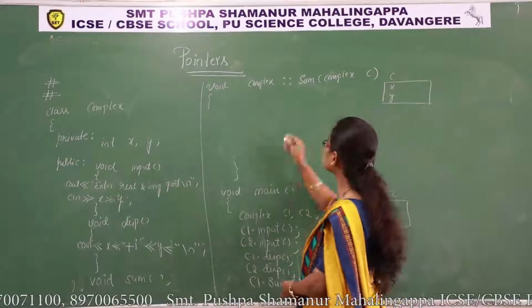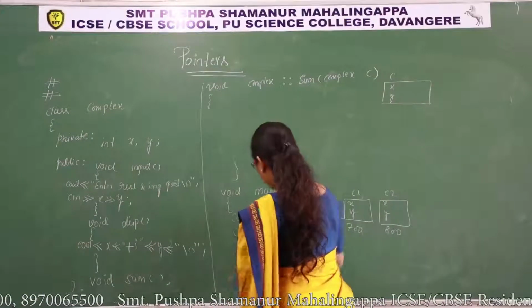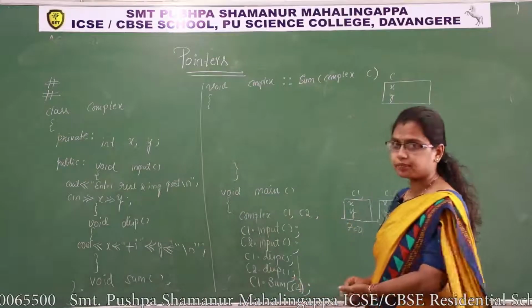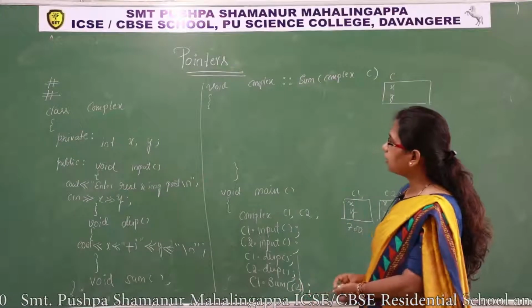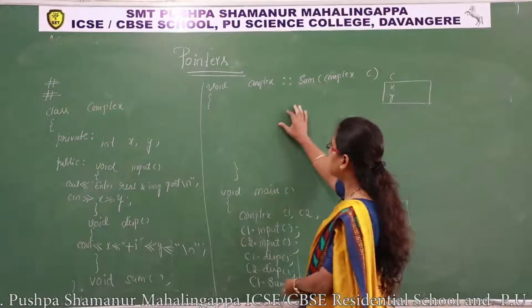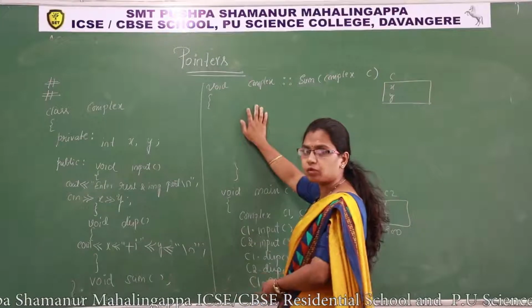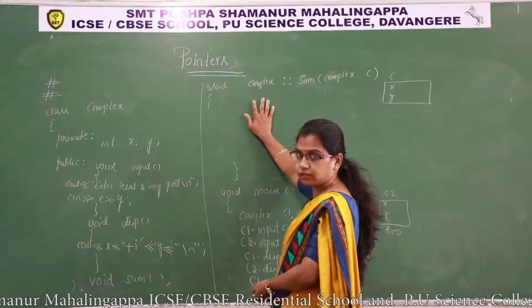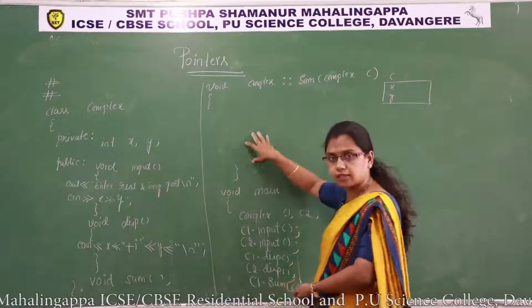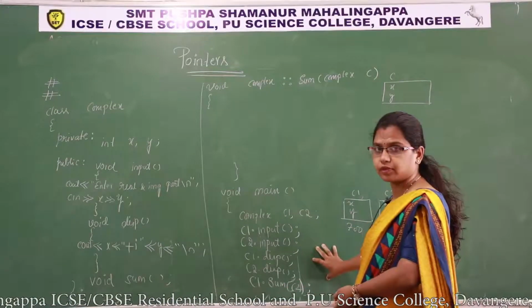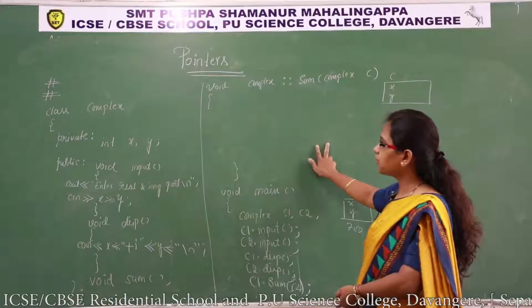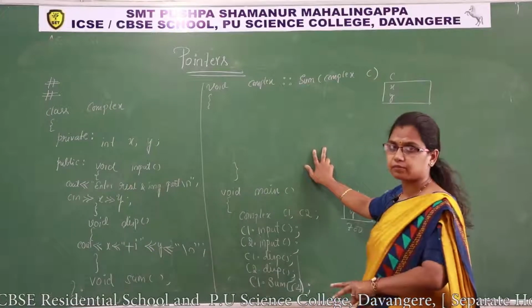Next, we shall add these two complex numbers, and I am not displaying these values or the resultant complex number from this function. I am going to return the result to the main function. Addition of two complex numbers again will be a complex number.